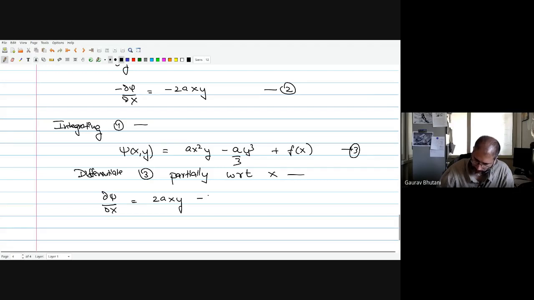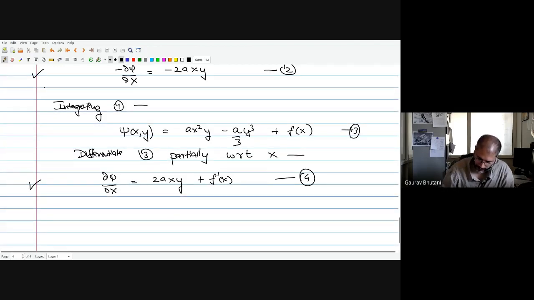In the second term, since there is no x, this becomes a 0. And the third term, since that's only a function of x, f of x, that becomes f prime x. F prime is df by dx because f is only a function of x. So this we'll call 4. So now what we'll do is we'll compare number 2 and number 4 because that is where we are headed to.